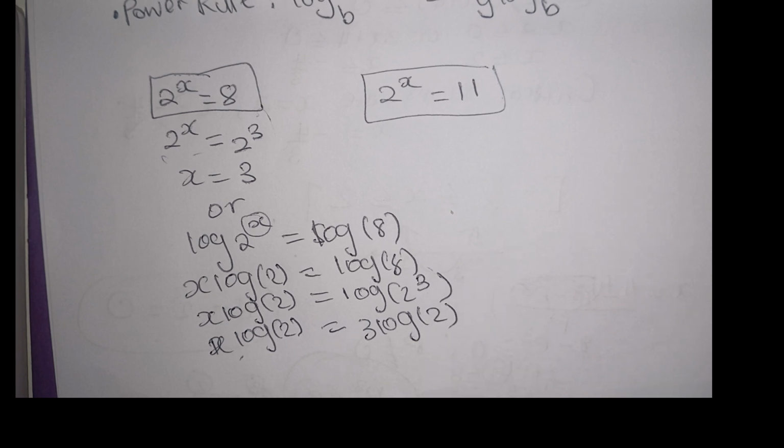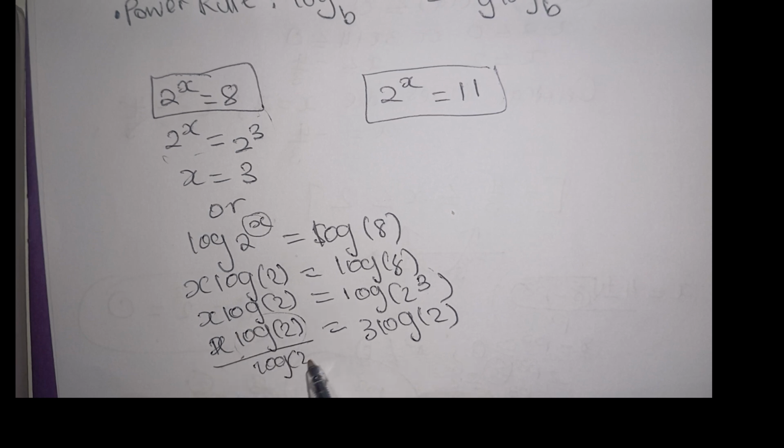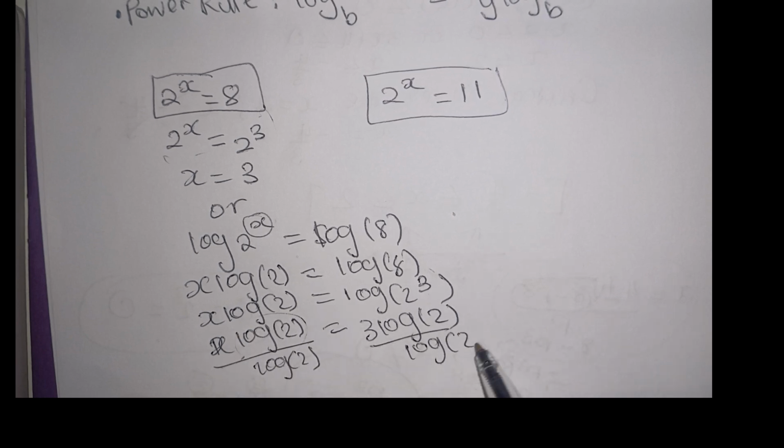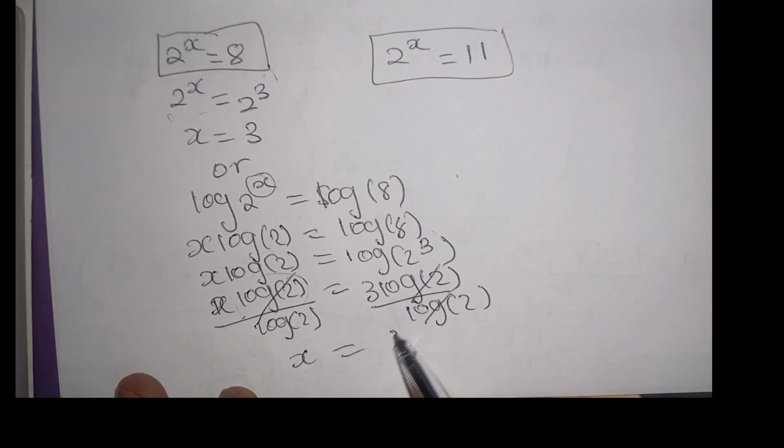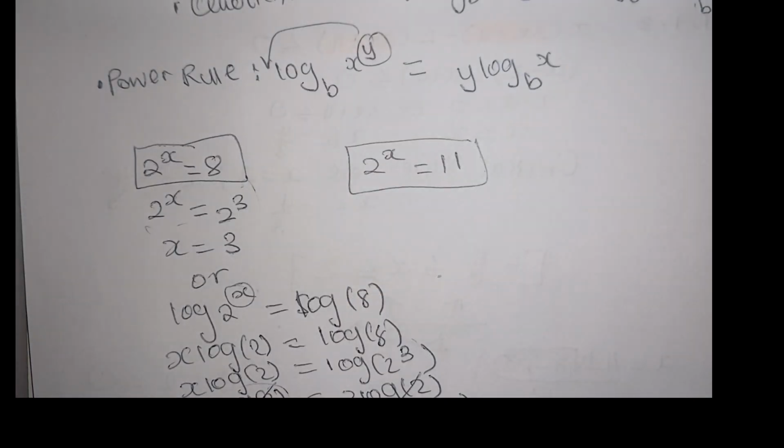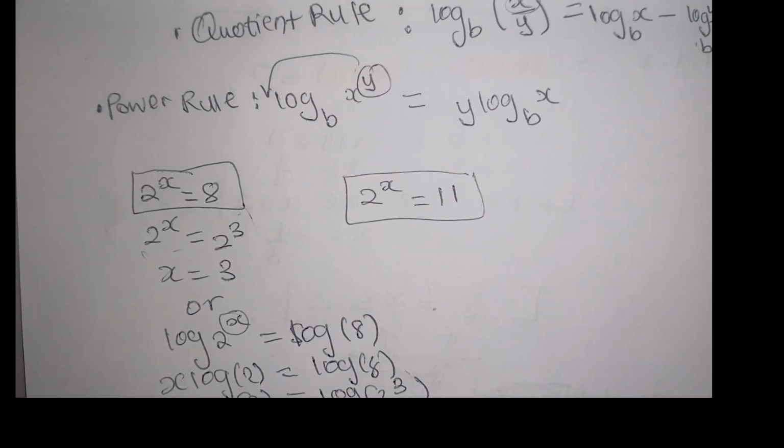Then from there, you have to divide both sides by log 2. Log 2 divided by log 2. Then x is equal to 3, right? So basically, that's why we have this log. It can help us a lot to solve such questions.